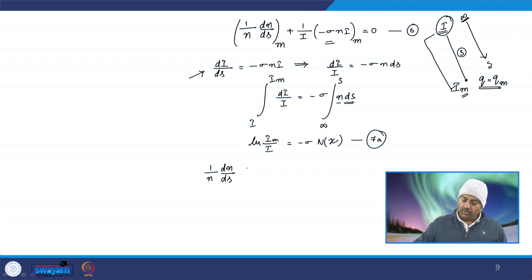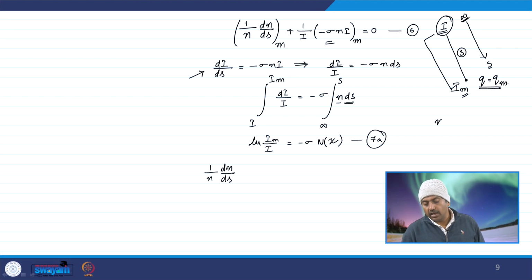But what we know for sure is how the number density changes with respect to altitude. n equals n naught exponential minus h by capital H. The number of atoms or molecules that you can find at any given altitude will be dependent on the bottommost or the base level, and an exponential factor which depends on the height as well as the scale height, right.